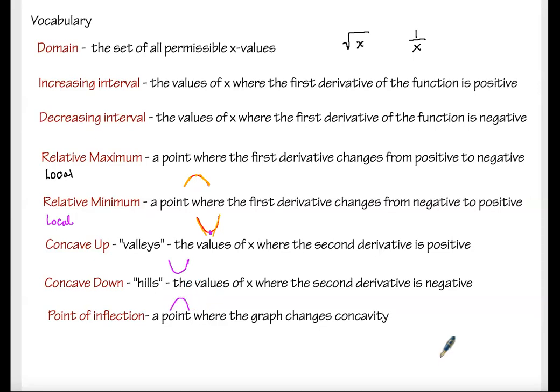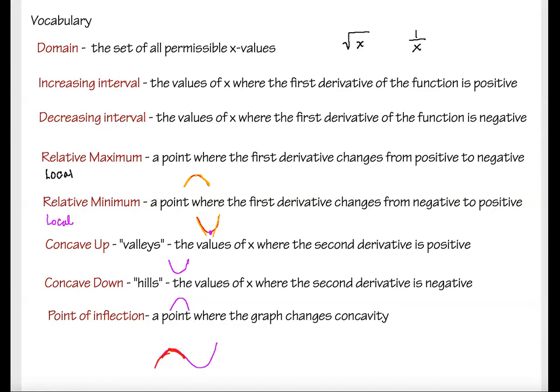And then we have what we call the point of inflection. The point of inflection is a point on the graph where the graph changes concavity. So say, for example, we have this graph right here. From this interval to here, notice that the curve is concave down, right?